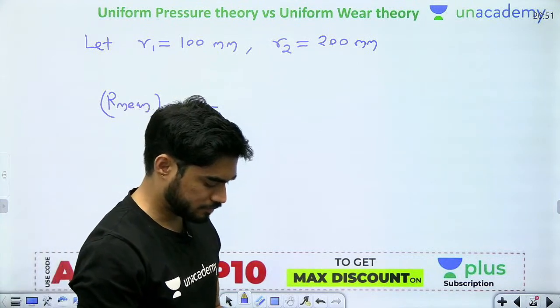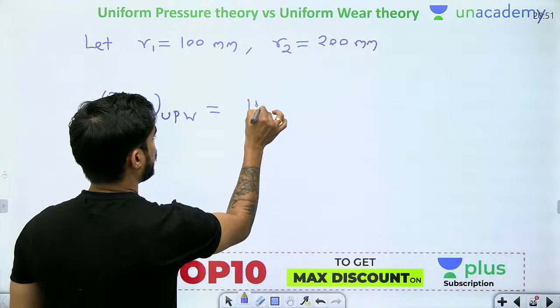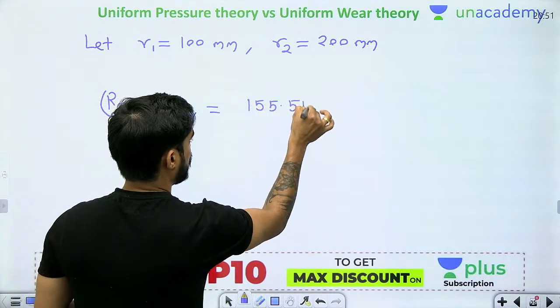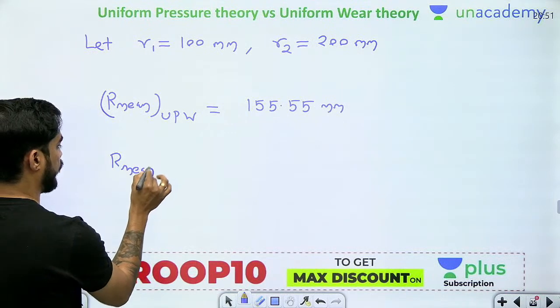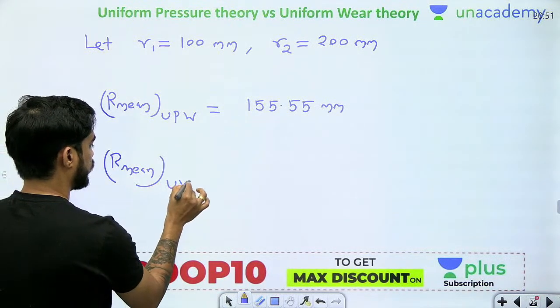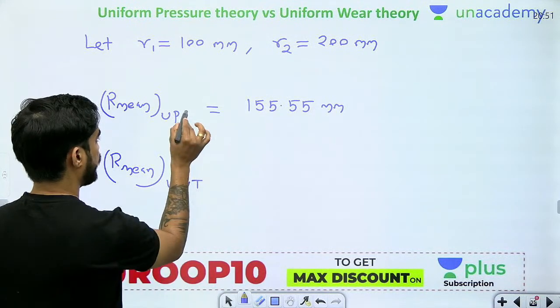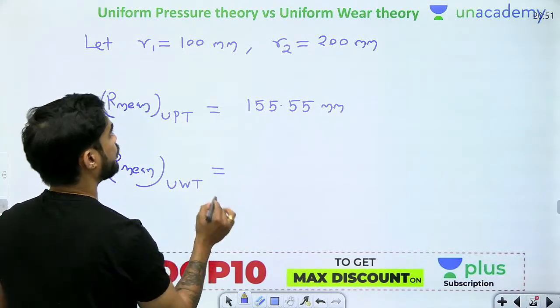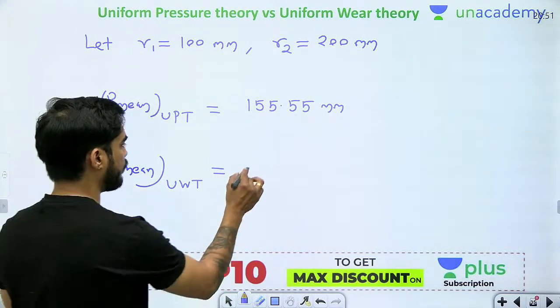So what are you getting? I am getting 155.55. And according to uniform wear theory, this one was the pressure theory, (R1 plus R2) by 2, so it will be 150.